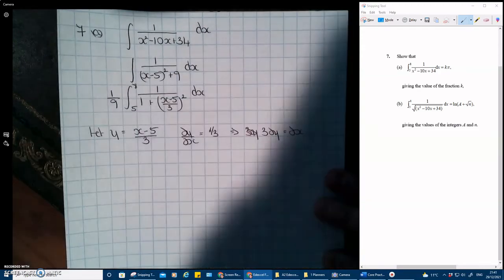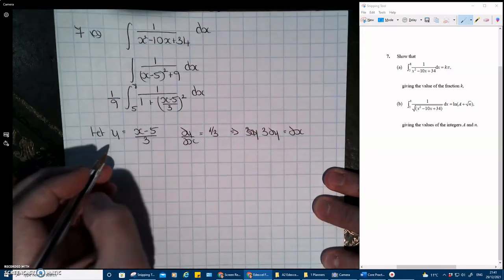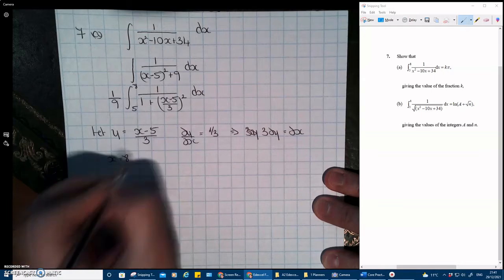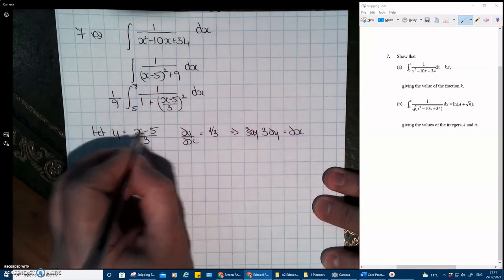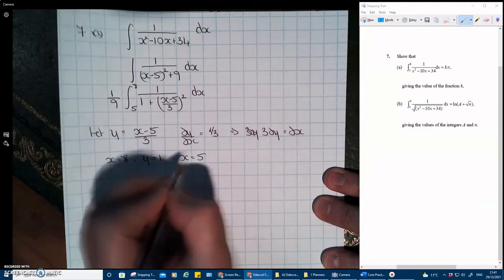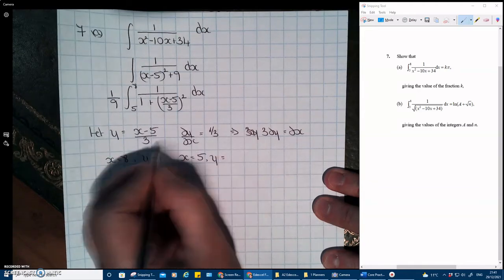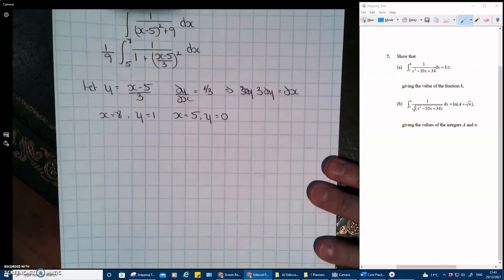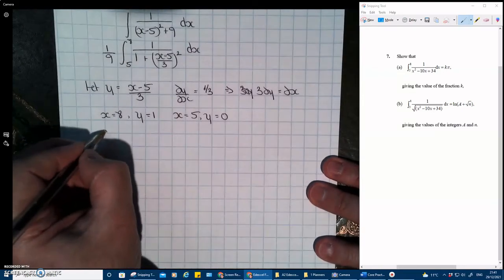I've also got to replace the limits rather than change it back again at the end. So if x equals 8, then y is 8 take away 5 is 1, and if x equals 5, then y equals 0.